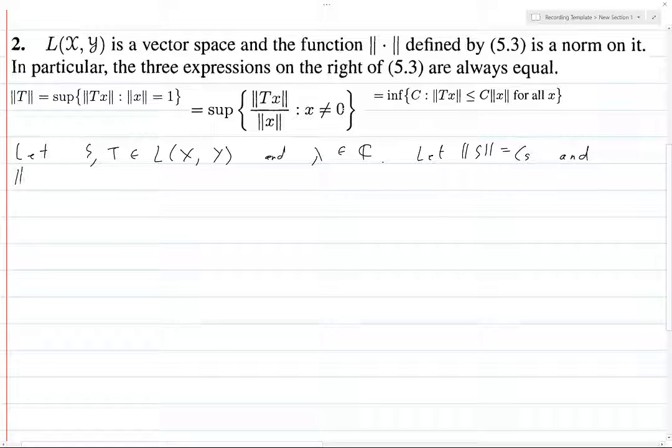This part is easy enough that we shouldn't worry too much about it. Oh, we already have lambda in C.